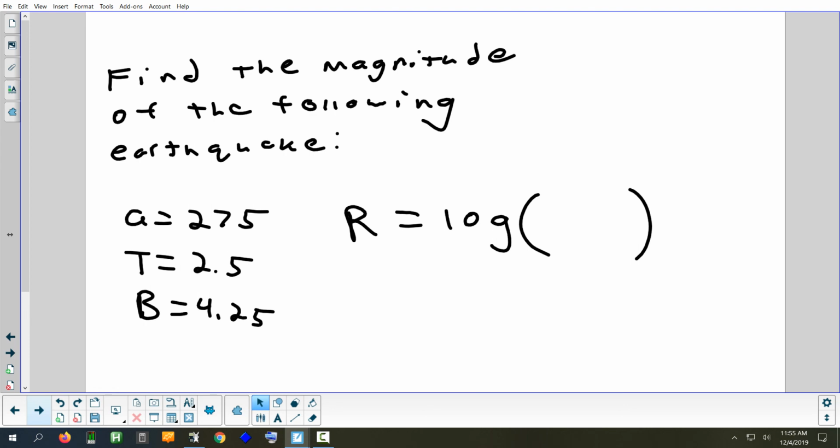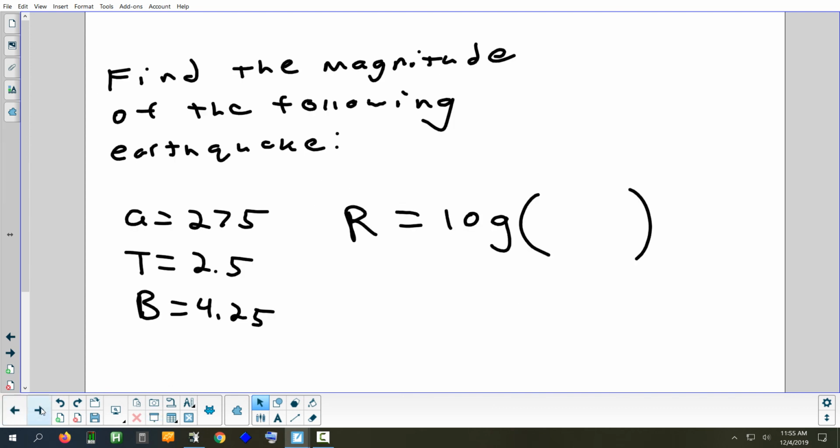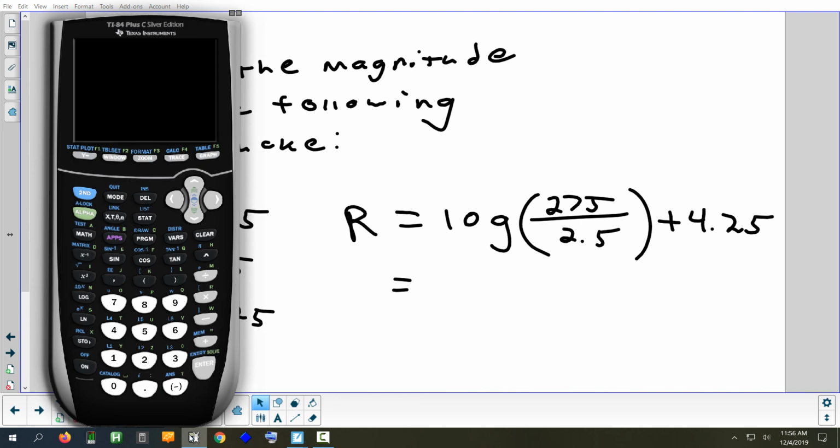It was a fraction. I don't remember what it was though. So the first thing is A over T. So what would I write in this case? You write 275 over 2.5. And Eric, what else do I need there? You need the B. Yep. And how do I put that in? All the way to the right, and it's plus 4.25. Okay. So let's see what we got.